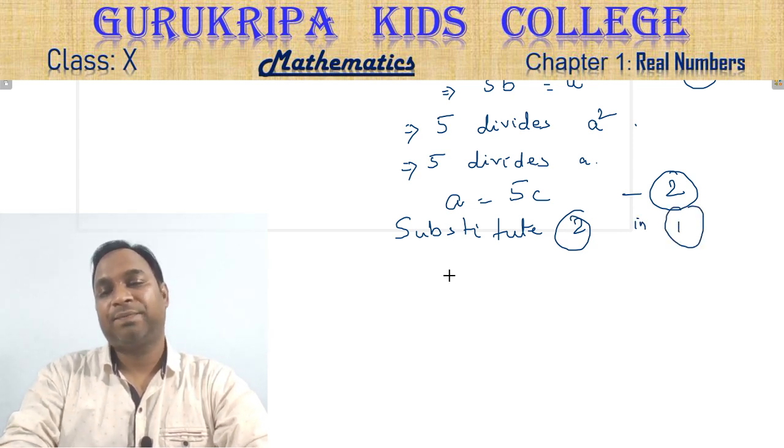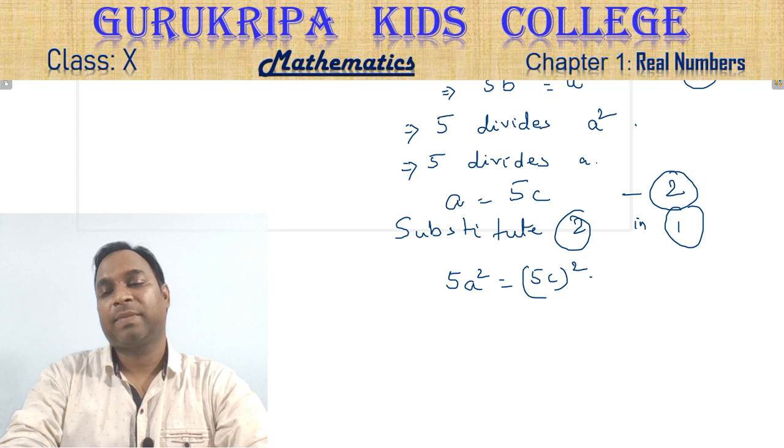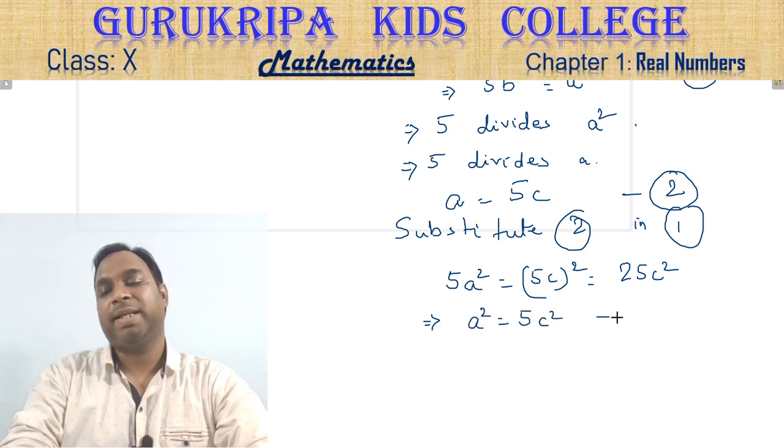What do we get? 5B square is equal to 5C square, that is equal to 25C square. Very simple. This gives us B square is equal to 5C square. This is our equation number 3.